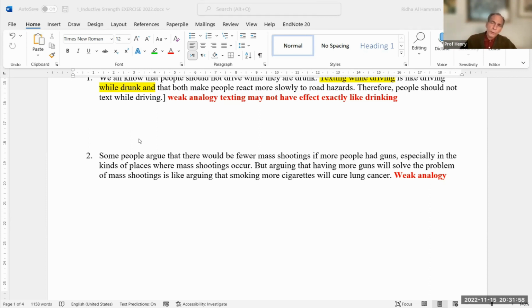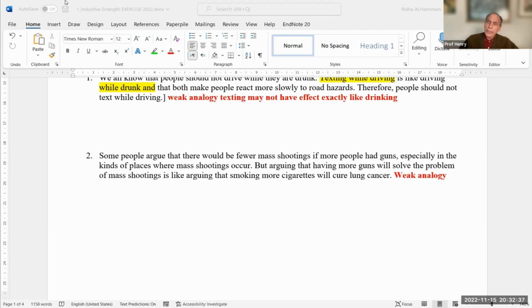Whereas with cigarette smoking, one could say a lot of people smoke and don't get lung cancer, but by and large, we know if you smoke more, the likelihood of getting lung cancer is more, if you have the right genetic predisposition.